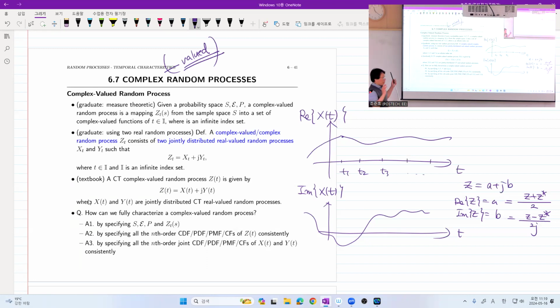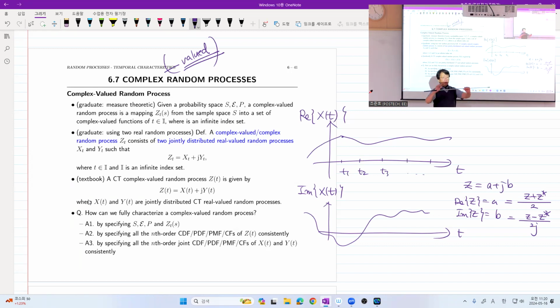So based on our observation of this sample path, you can easily see that a complex valued random process is actually what? Two real valued random processes. It's very similar to the idea of a complex valued random variable. At that time, I said that just consider a scatter plot of a complex random variable.